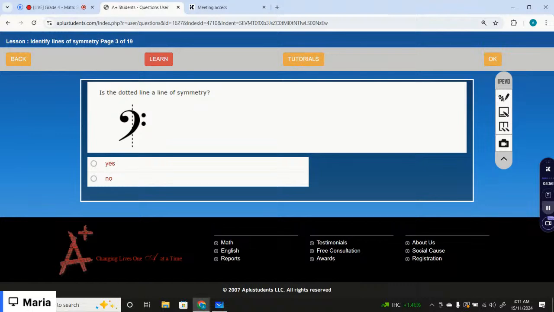Is the dotted line a line of symmetry? The correct option is no, that is not a line of symmetry, right?